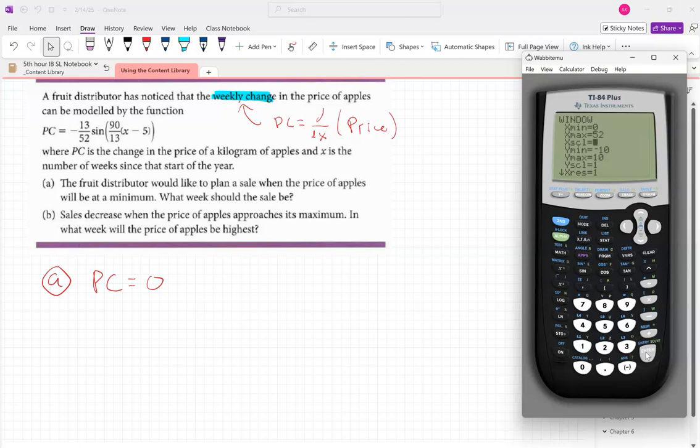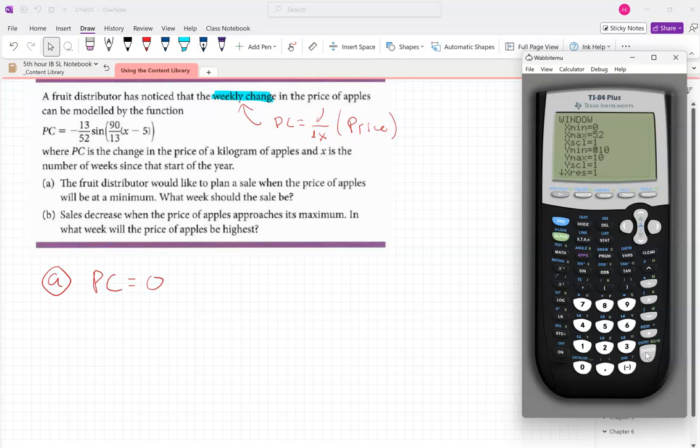Okay. And then, anybody been to the grocery store lately? What's an apple cost? How about like $1 or less? Everybody think that's probably a pretty reasonable apple cost? So the price change is probably going to be between, like negative 0.5 to positive 0.5, like between 50 cents up or 50 cents down.